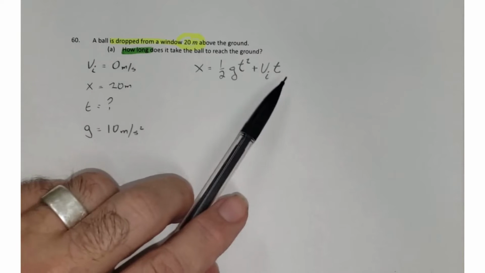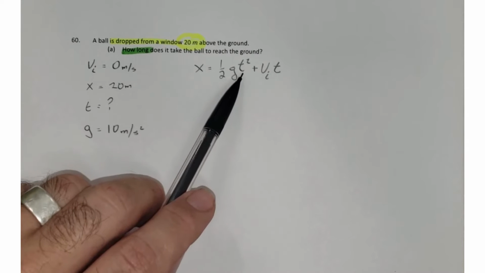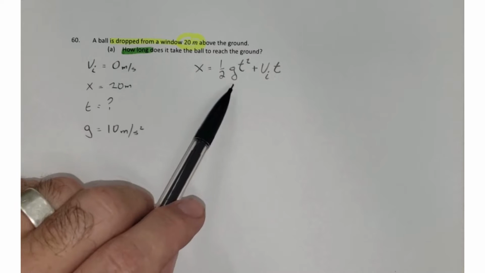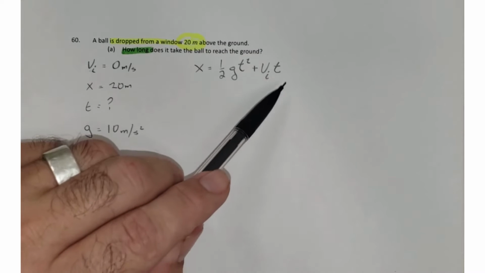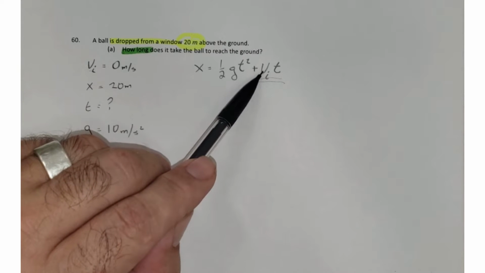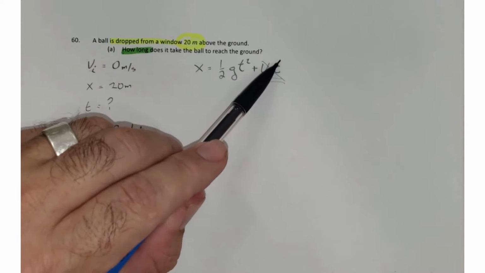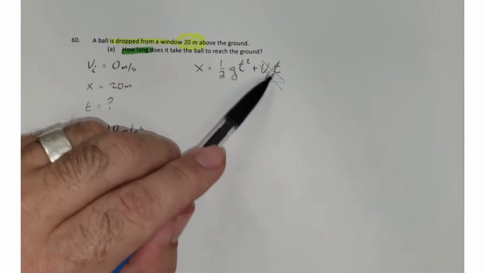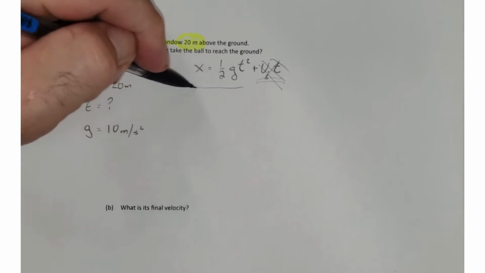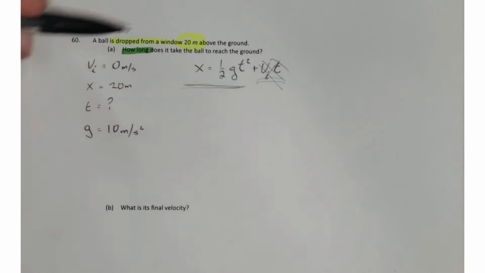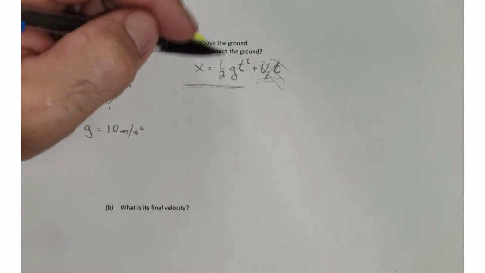So this proves to be a challenge. Isolating t in this case would be very difficult, but since our initial velocity is 0, this term, 0 multiplied by t, ends up disappearing. So we can just drop it, and all we need to do is isolate t in this portion of the formula.